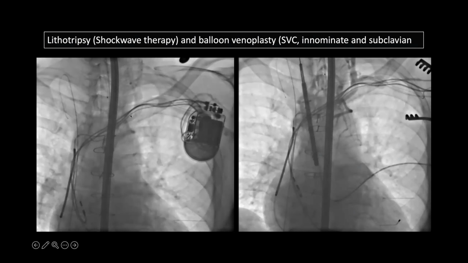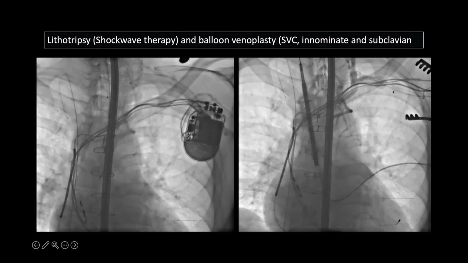I was not able to pass a wire from below, because ideally I want to pass a wire from the IVC to the right axillary vein to give support to the balloon of the shockwave therapy. But somehow, I don't know to this day, probably luck, I was able to pass the wire from above.